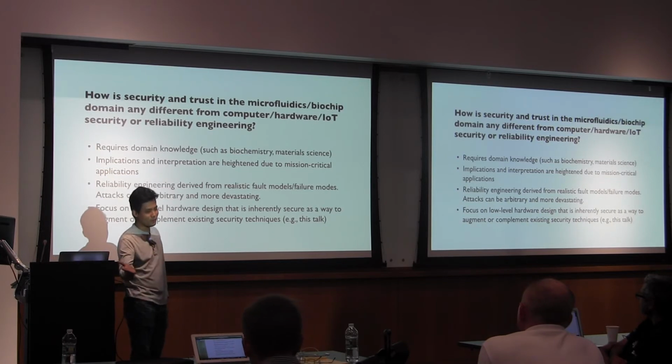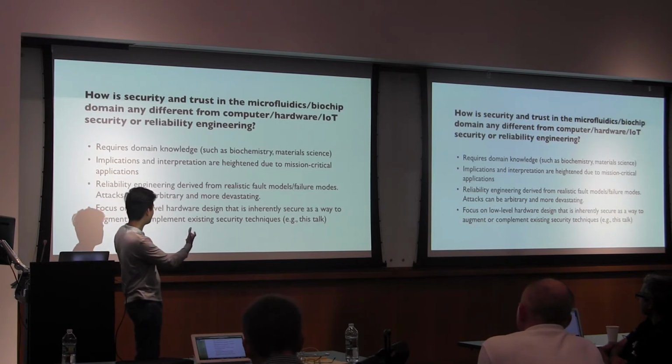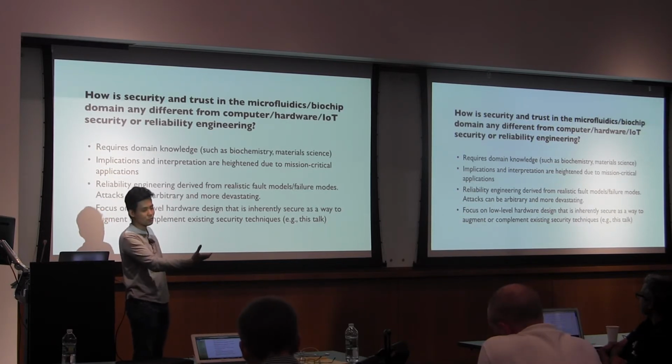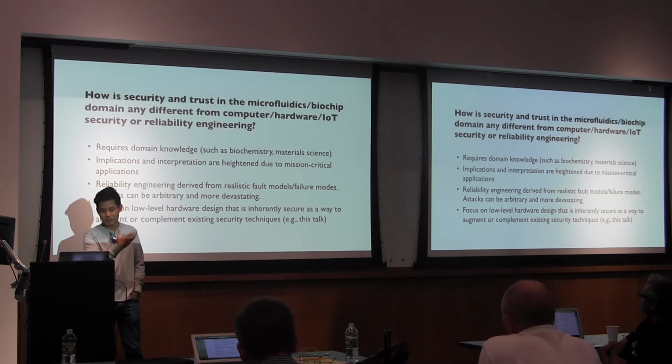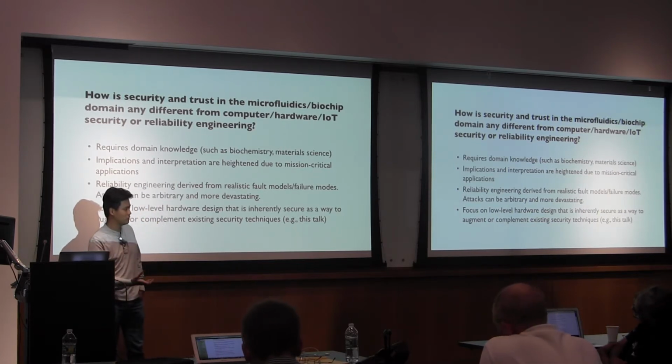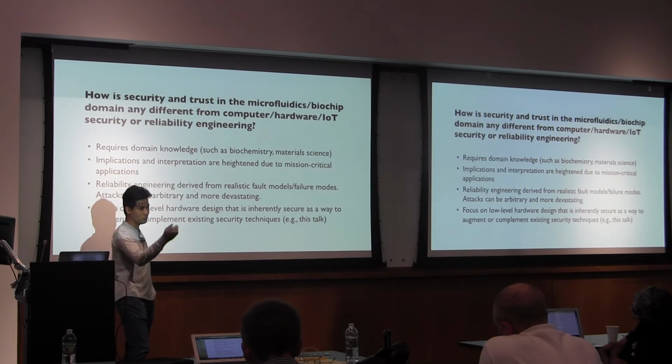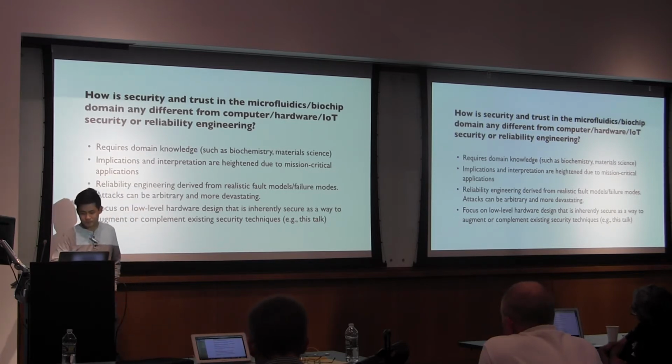We're not trying to throw all that away, right? This is all in service to augment or complement the capabilities that we already have. And I think of this as kind of the last line of defense, right? So we're trying to think about ways we can design hardware that is intrinsically secure, which I think Professor Densmore remarked on in his talk. And this is going to be the focus of my talk here.